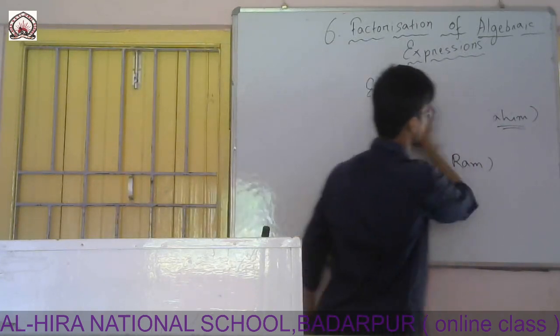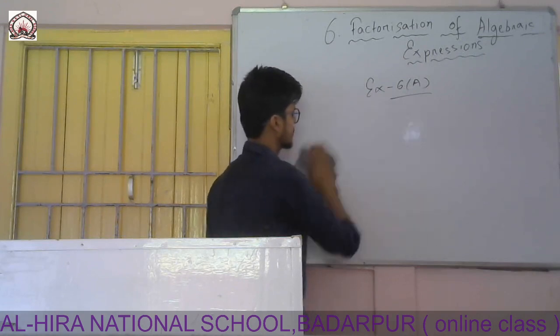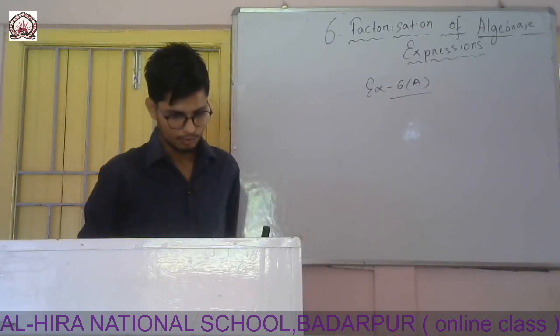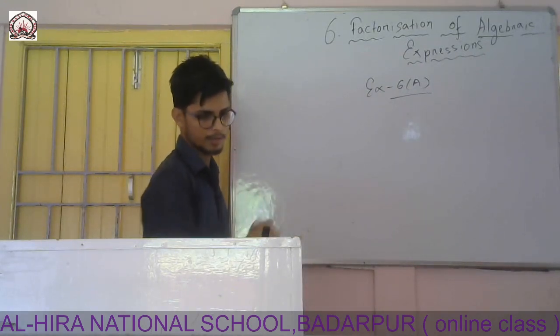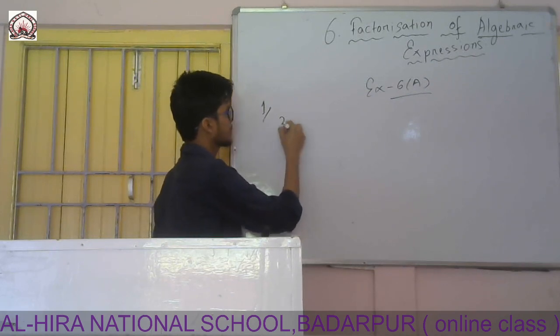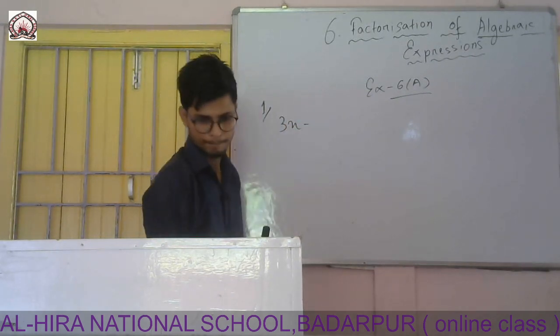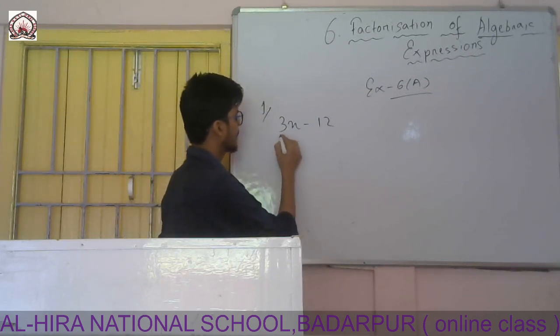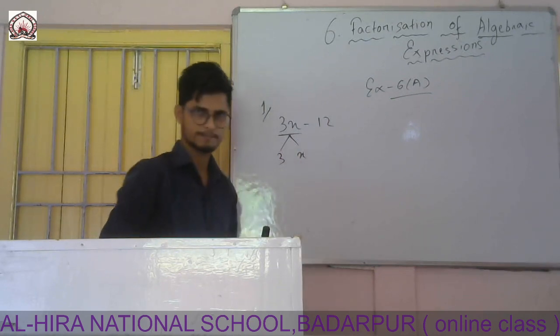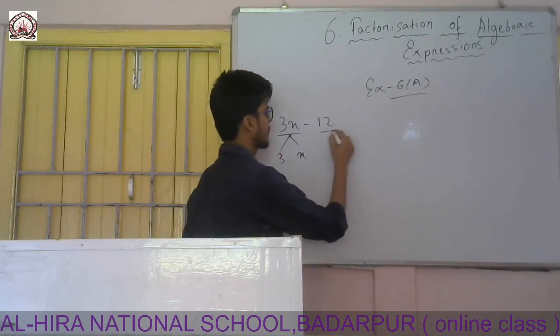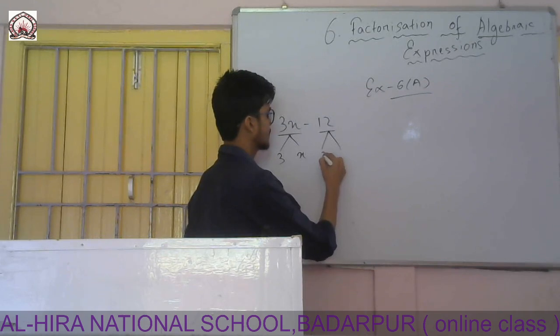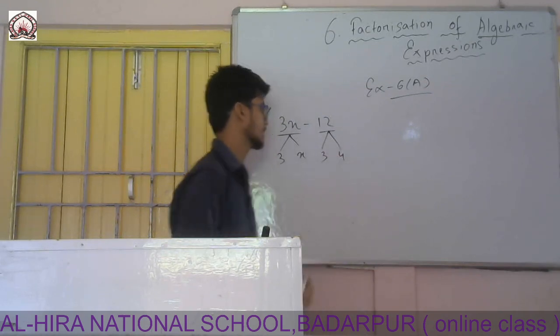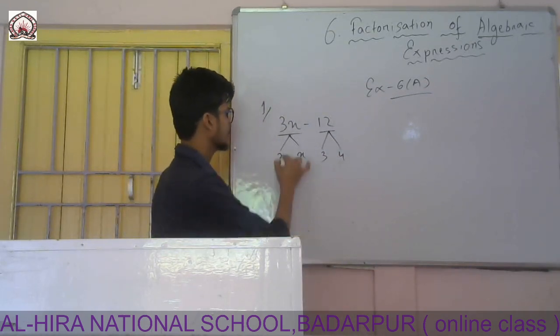Let's begin so that you can understand it clearly. Exercise 6a, question number 1. The first question is 3x minus 12. If I break this, I will get two factors: one is 3, another is x. If I break 12, I will again get two factors: one is 3, since 3 4s are 12, and another is 4. Which term is common here? 3.